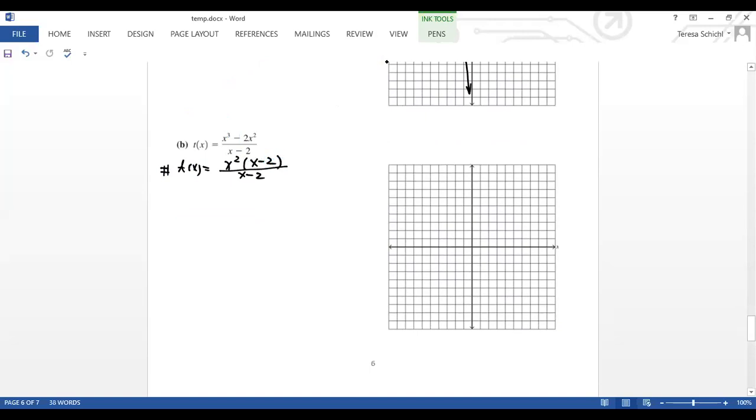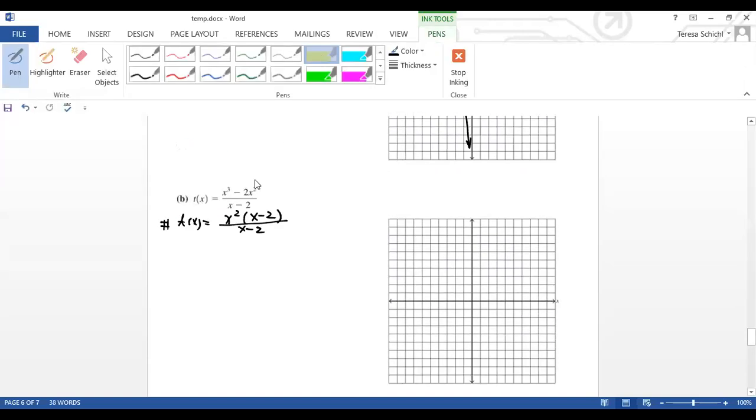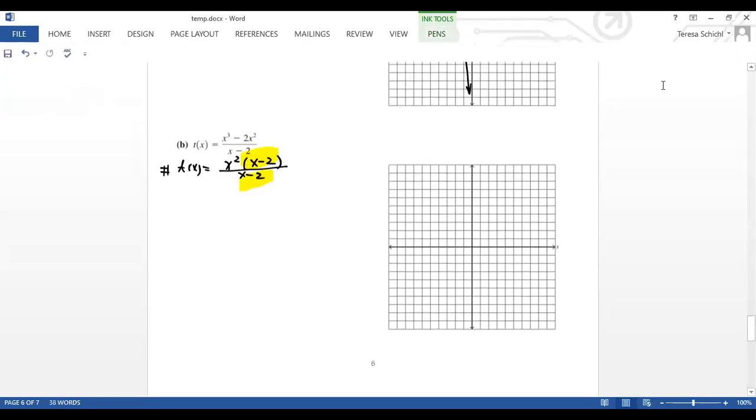So the x minus 2 and the x minus 2 are the common terms. What can I do? I can cancel that. So what this one will give me is x squared, but I cancel out, so what I have here is a hole.